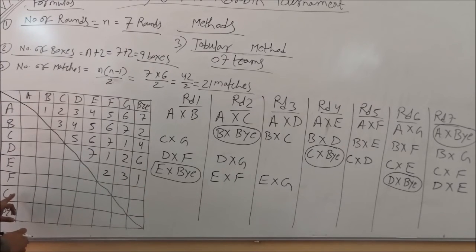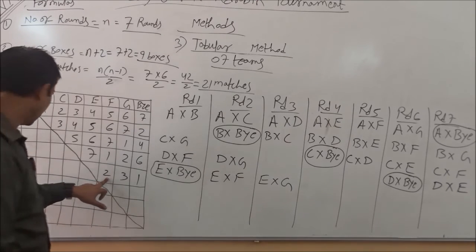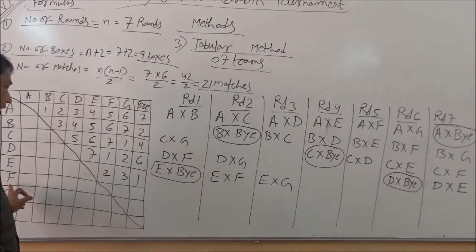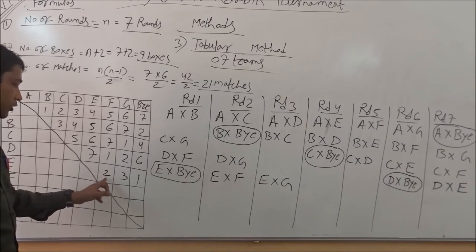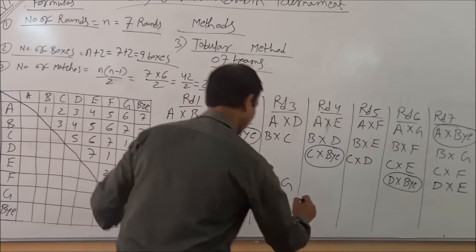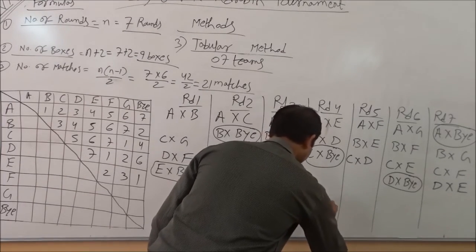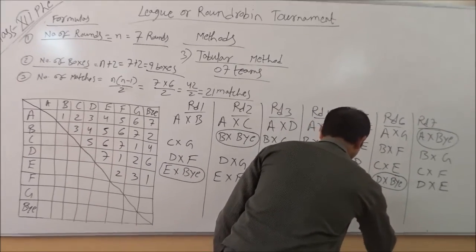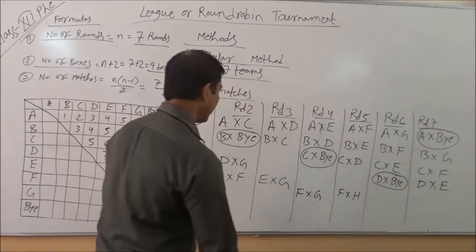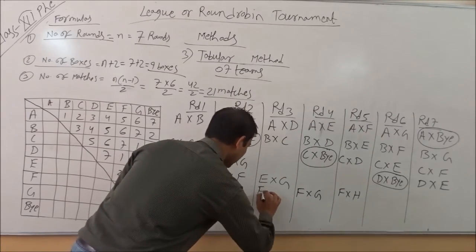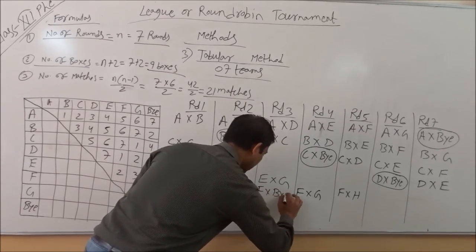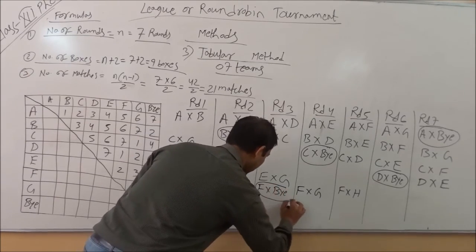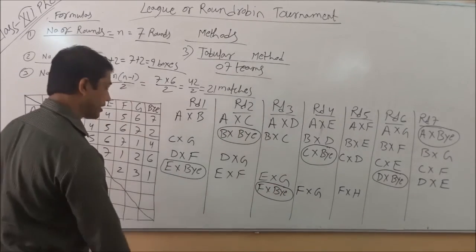Our next team is F. So the previous team E has started playing from round number 2. So F will be starting to play from round number 4. F into G, F into H. So moving forward, F has been given bye in round number 3.